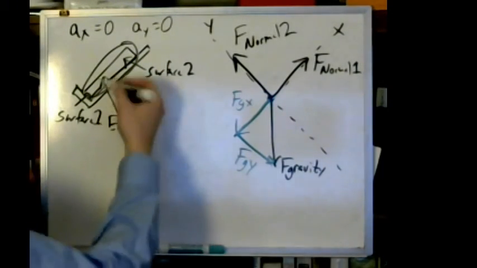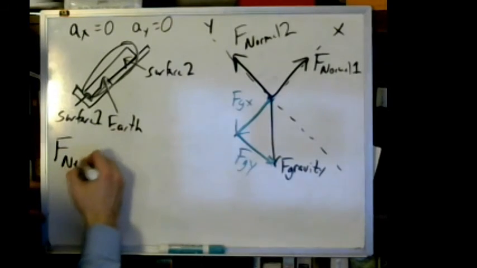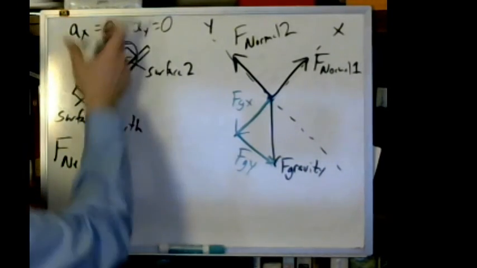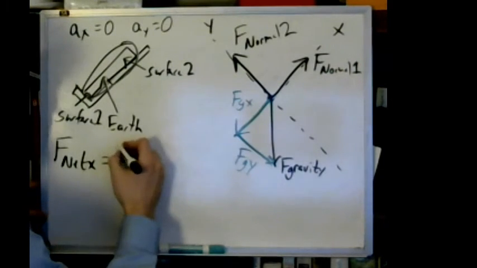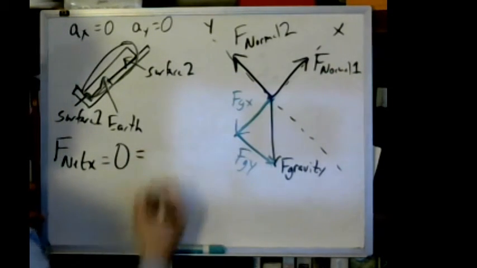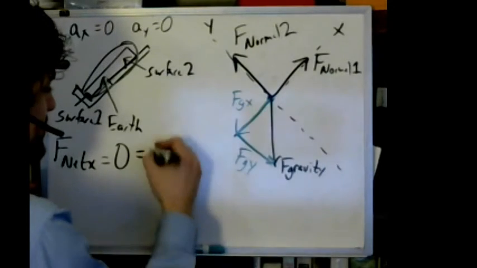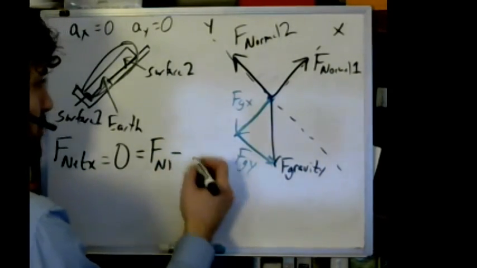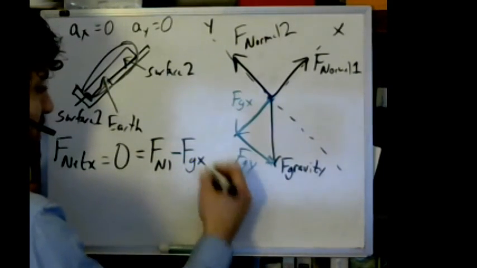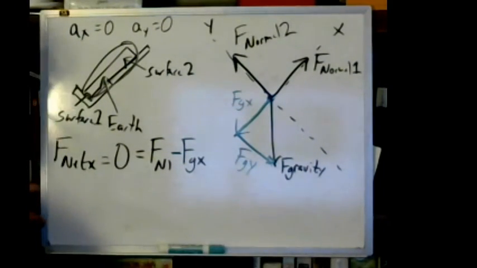We know that our net force in both directions has to be equal to 0 because we are not accelerating in either direction. So the net force in our x direction has to be 0. We have two forces in that direction. We have the normal force 1 minus the force of gravity in the x direction, that's 0.